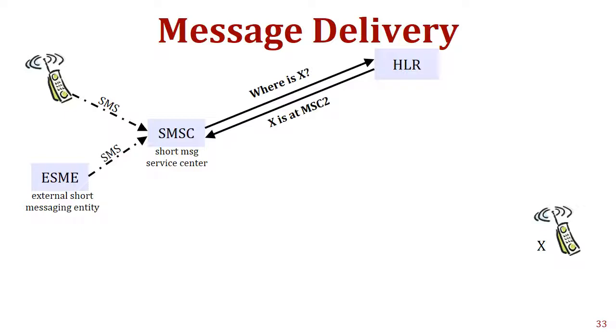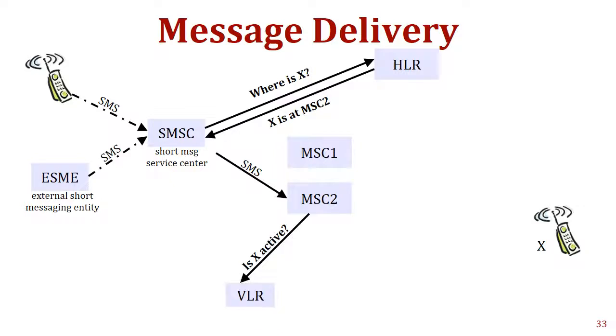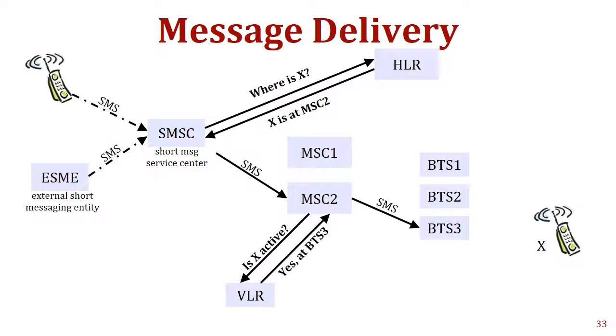And after a while, they will try again, and the HLR says, okay, this user is actually at another short message center. So basically, the short message service center will send the message to a different message center, and that message center will talk to the VLR, to see if the user is active. And the VLR will provide even more detailed information about where the device is.